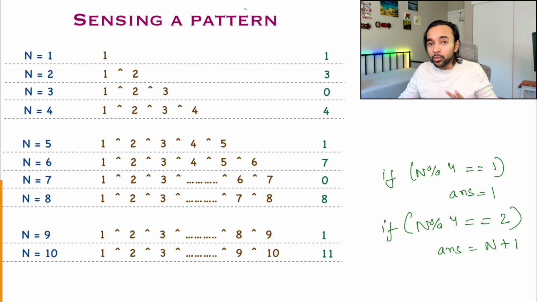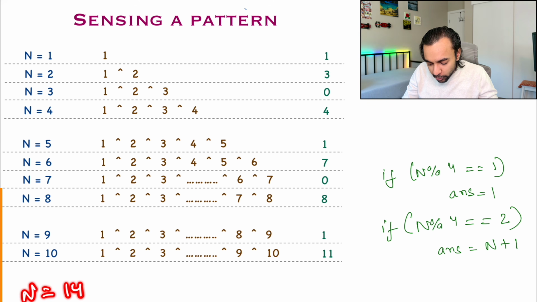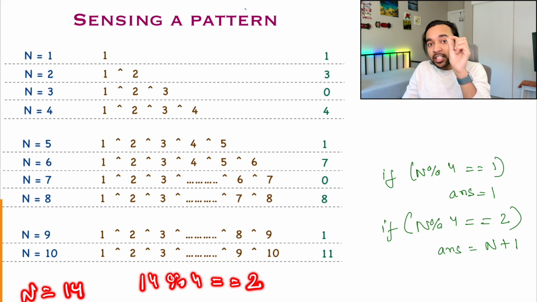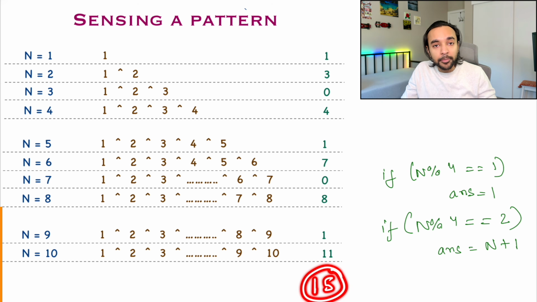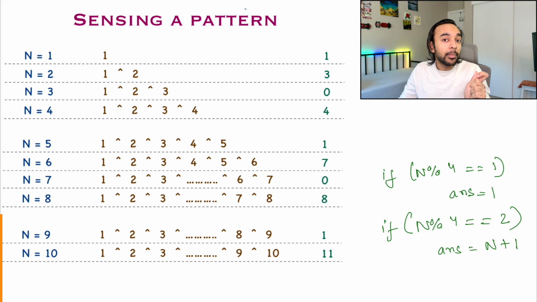And this will be true for every value of n. For example, if n equals 14, 14 modulo 4 equals 2, that means the XOR of all of these numbers will be n plus 1, and that is 15. So once again, in just constant time, I am able to tell what the XOR of all of these numbers will be.